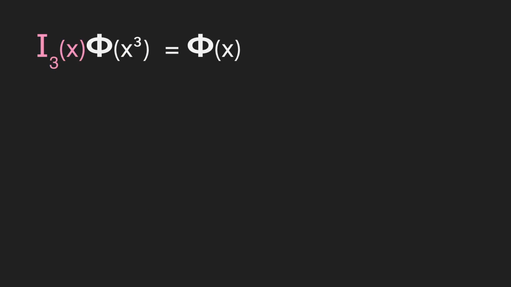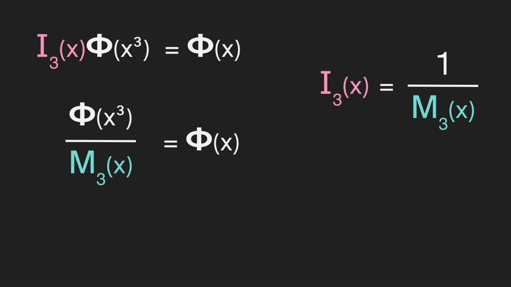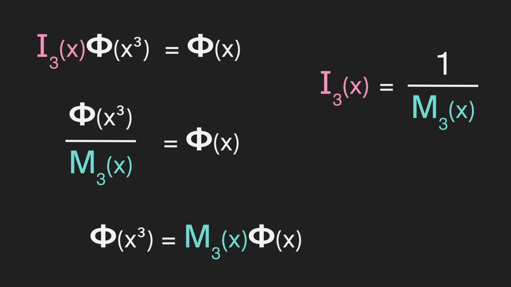So as an example, maybe we'd want I sub 3 times phi of x to the third to equal phi of x. Now we could define I to be 1 over m, and then substituting we get this equation, and then multiplying out we get phi of x to the third equals m sub 3 times phi.